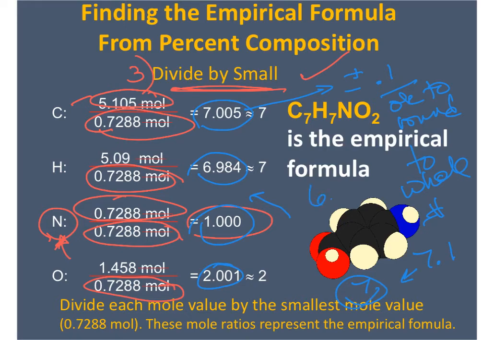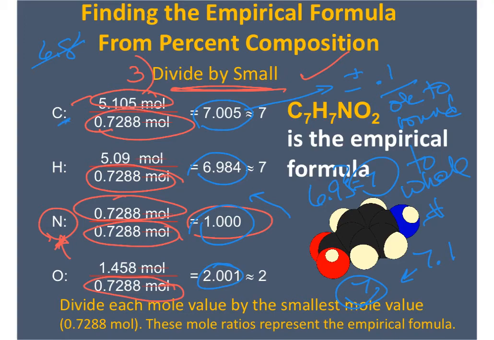Same thing if you had 6.9, you could say it's okay to round that to a 7. Now, on the other hand, if you had 6.8, no, that is not okay. That is too far away. All right, so when you get whole numbers, that gives you your empirical formula.